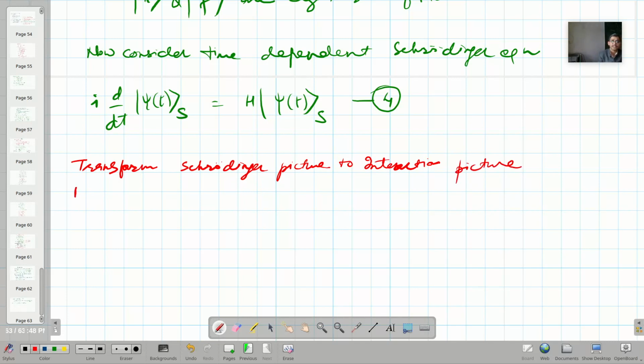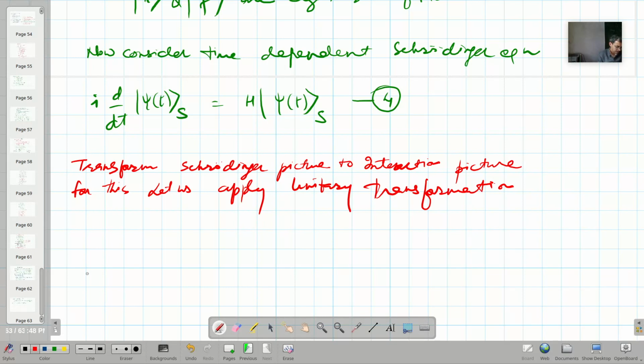So for this, let us apply a unitary transformation. That means psi t I is equal to e raised to power iota h naught t psi t s.